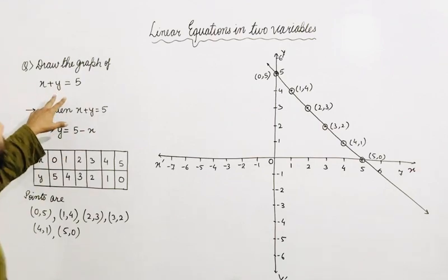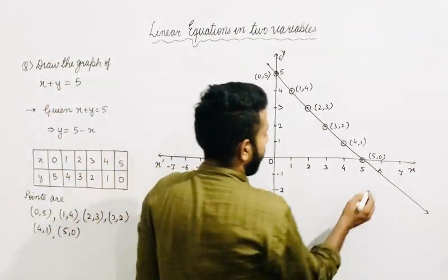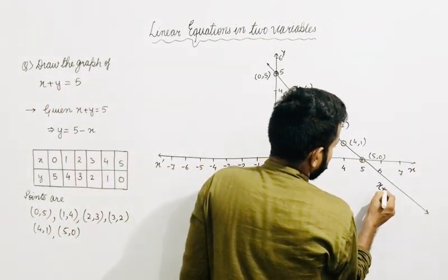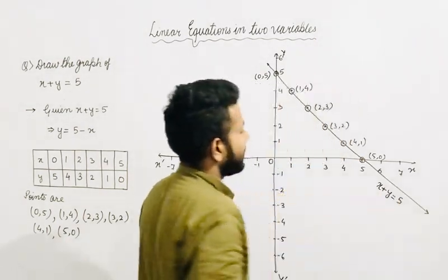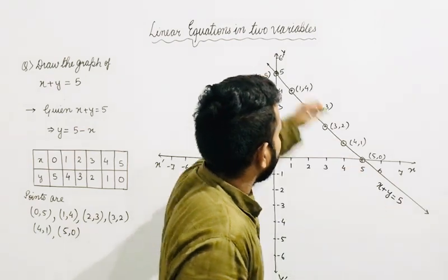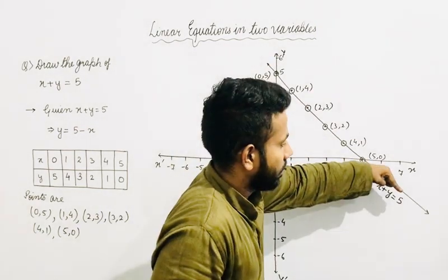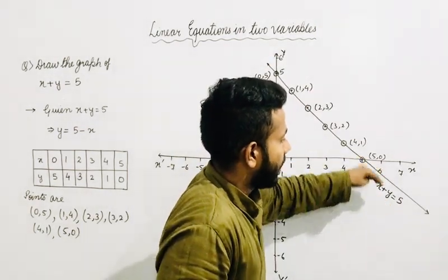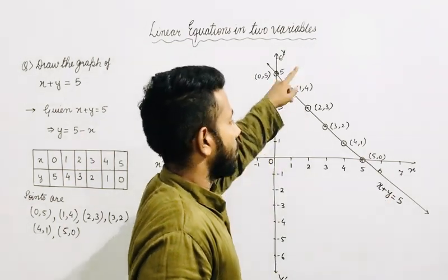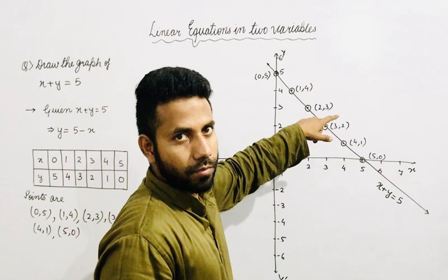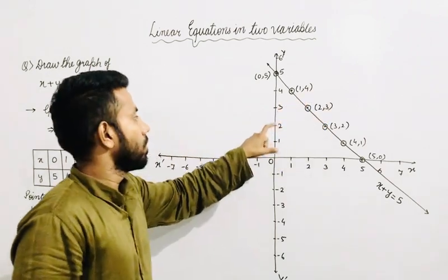Now what you need to do is write the equation of the line along with it: x plus y equals to 5. It means that this line represents the equation x plus y equals to 5. This is how we do it.